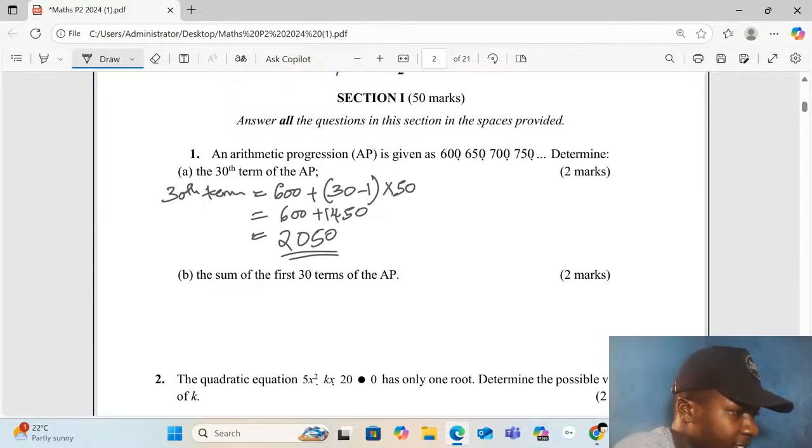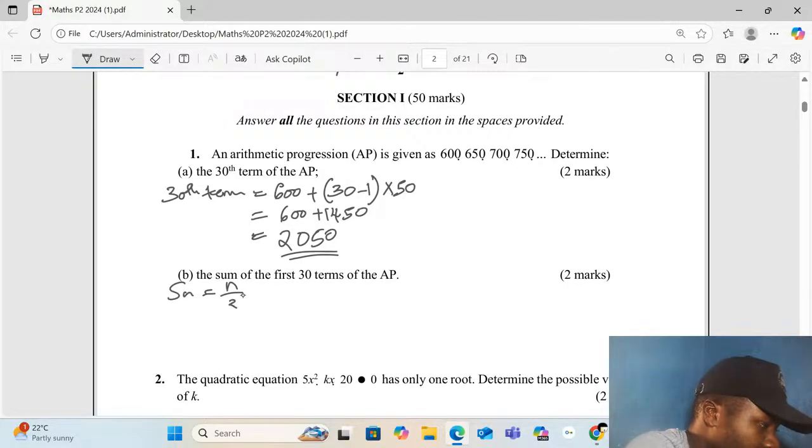Then the sum of the first 30 terms of the AP, we use the formula Sn is equal to n over 2 into 2a plus bracket n minus 1 d.